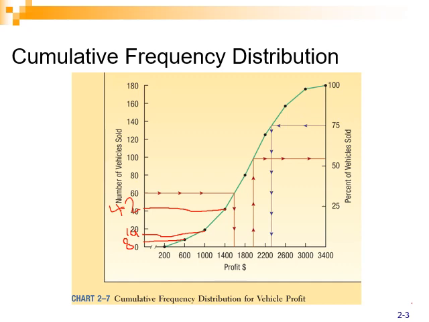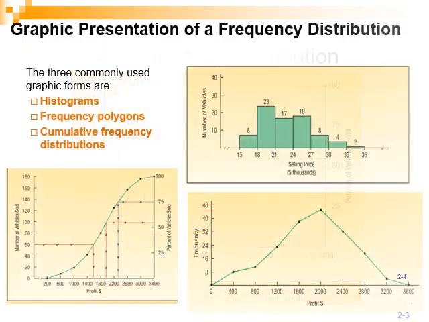Also, we can use percentages at the same time by using another vertical axis to represent the percent of the values that we have. This is how to draw the cumulative frequency distribution.